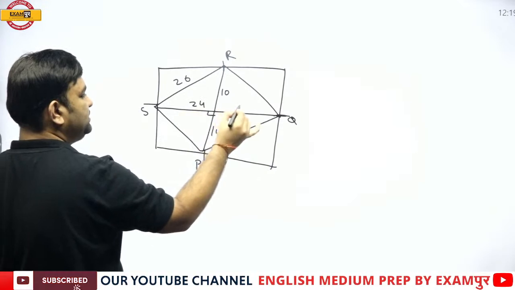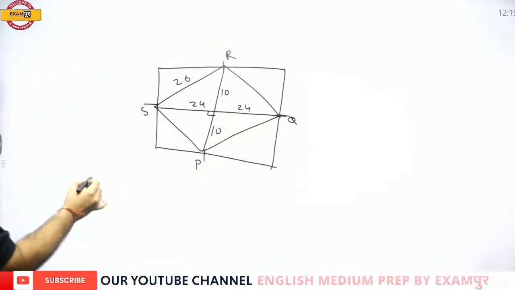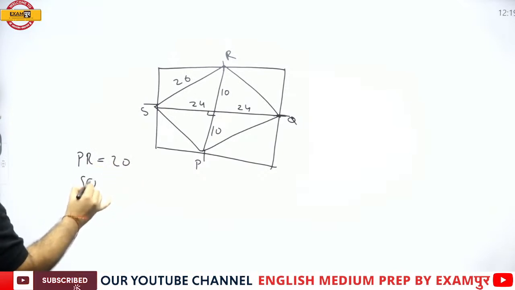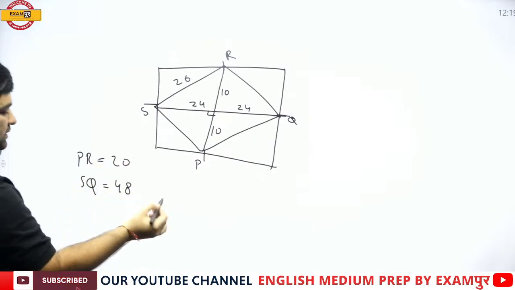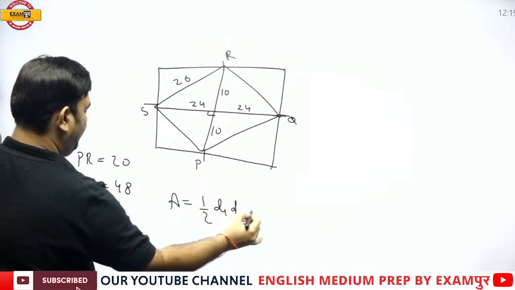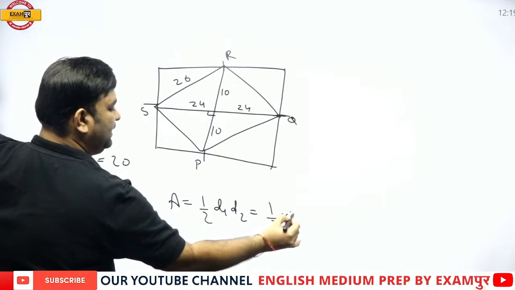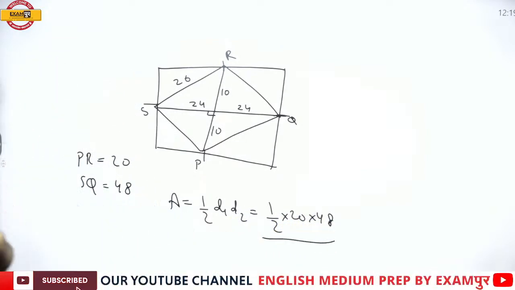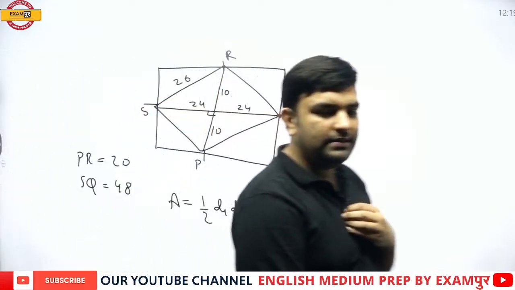So this is 24 each. So one diagonal PR is equal to 20, and another diagonal SQ is equal to 48. So area is half d1 d2, which is half into 20 into 48. Now clear, guys?